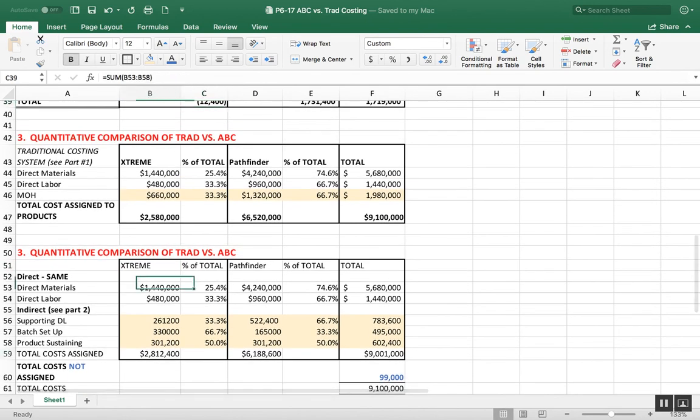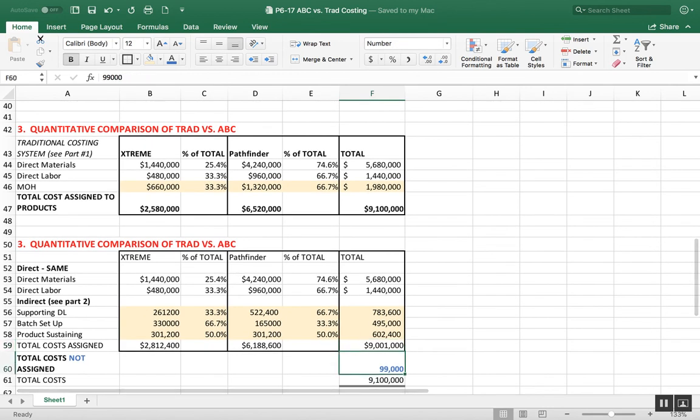All right, so these are the total costs assigned, which are just these manufacturing overheads that are totaled, and the same is true for the Pathfinder, and those are totaled, and then we come up with a total of the costs that are assigned using ABC costing.